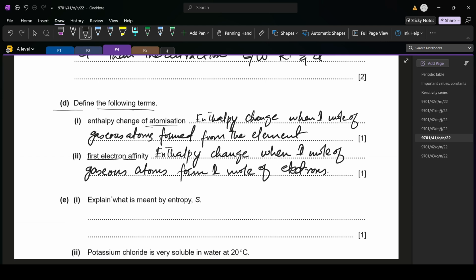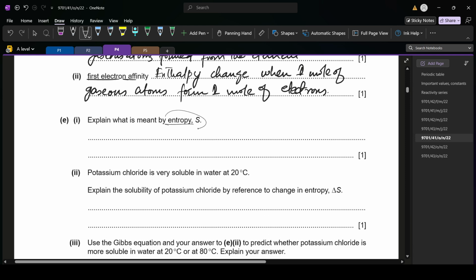Now moving towards the next part. Explain what is meant by entropy.